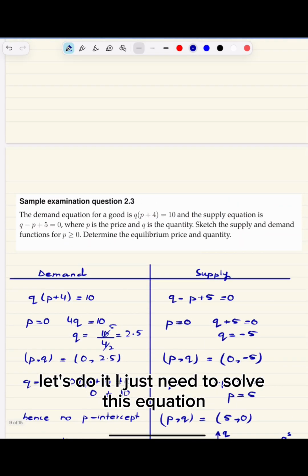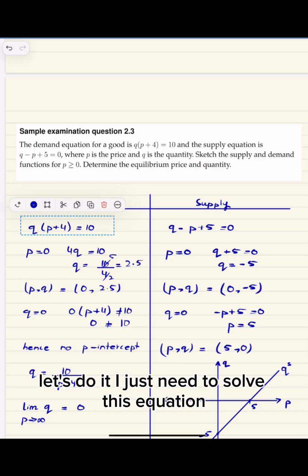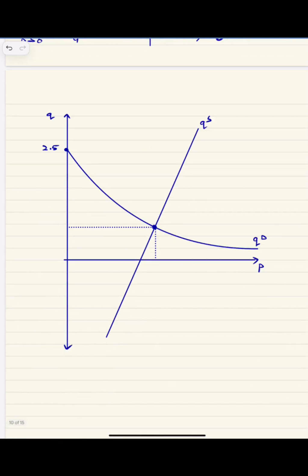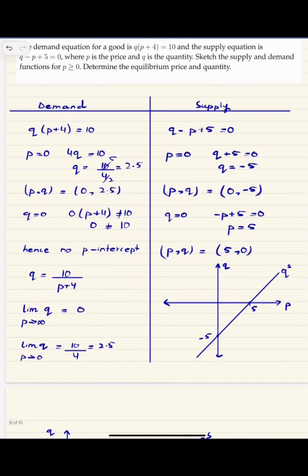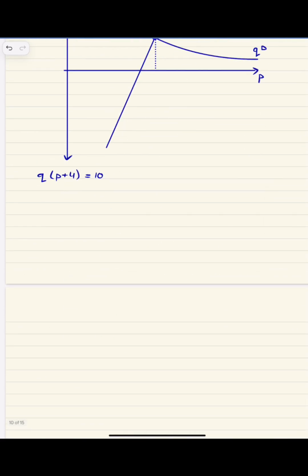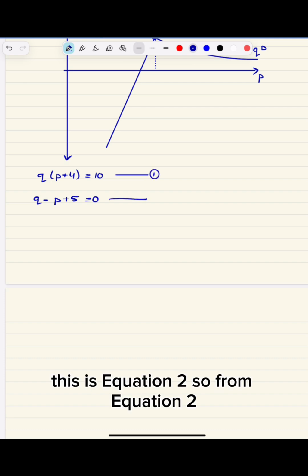Let's do it. I just need to solve this equation simultaneously with the supply. Okay, this is equation 1, this is equation 2.